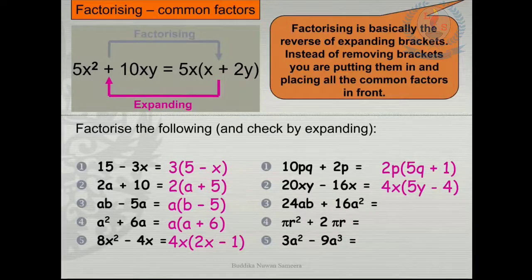And for ab and a square, a is the common factor, so you can take 8a out. When you take 8a out, inside the brackets, it remains 3b plus 2a. By expanding, you can check whether your answer is correct or wrong.